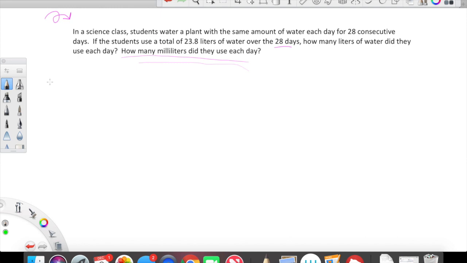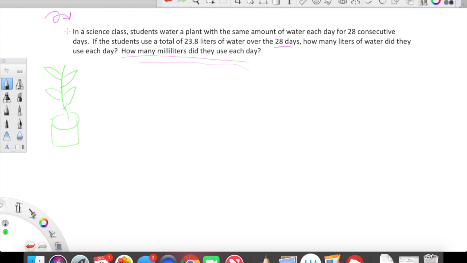Okay, so let's make sense of this problem. There's a very dedicated group of science students. So dedicated, in fact, that they are coming to school on the weekends to water this amazing, magical plant.